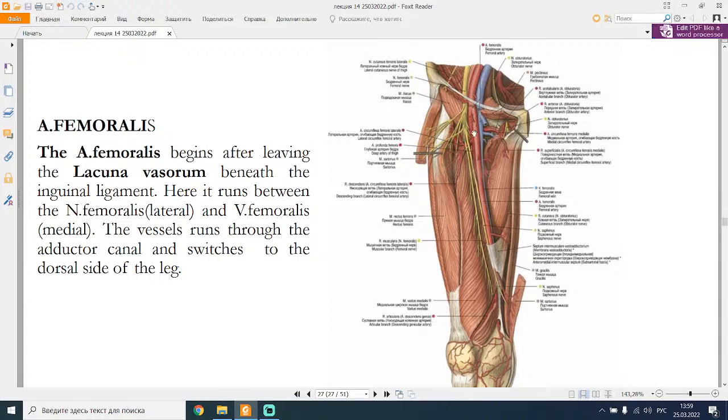Arteria femoralis begins after leaving the lacuna vasorum beneath the inguinal ligament. Here it runs between the nerve femoralis, lateral, and the vein femoralis, medial. The vessels run through the adductor canal and switch to the dorsal side of the leg.